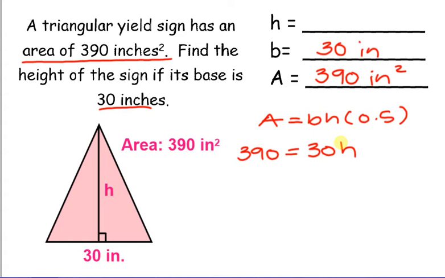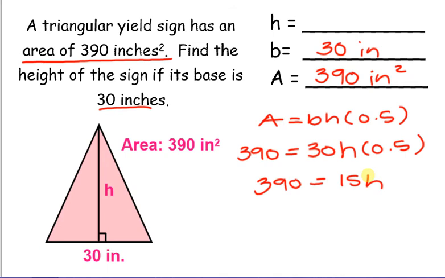I do not have the height, but I do have the 0.5. Now, you can multiply 30 times 0.5, okay, because these are all multiplied together. So 390 equals 0.5 times 30 is 15h.